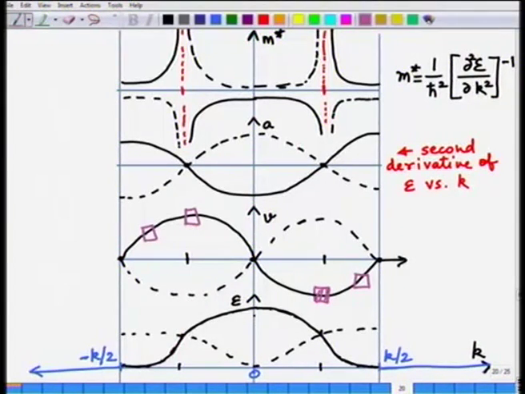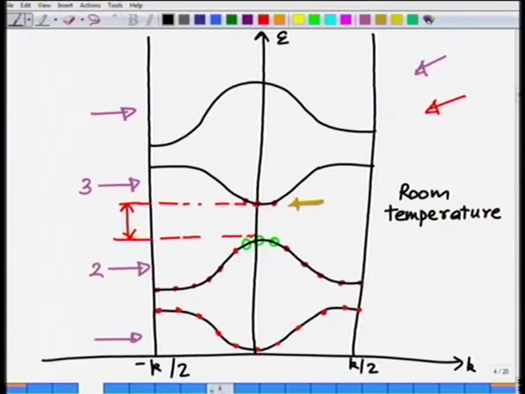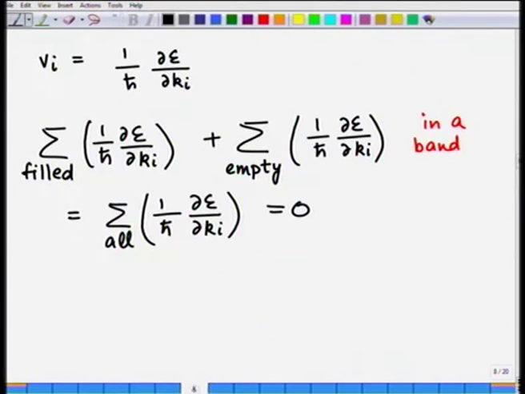Where the E versus K curve is symmetric about k equal to 0, for every quantity del E by del Ki on one side, for the negative Ki, the same negative K value, I will have exactly the same magnitude but a negative sign. And therefore, when I add up over all the states, this whole thing will go to 0.